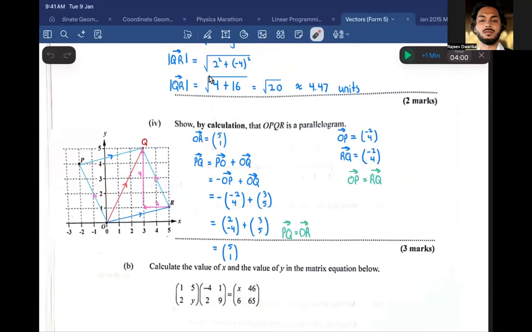Mira, in case you're confused, do you know what a parallelogram is? Tell me, Mira, do you know what a parallelogram is? Mira, if you're talking, you're muted.